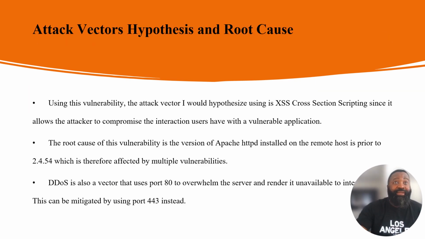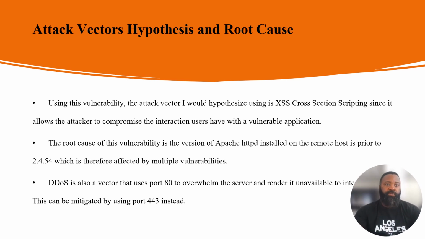And the attack vectors, hypothesis, and root cause. So using this Apache vulnerability, the attack vector I would hypothesize using is XSS, that's cross-site scripting, since it allows the attacker to compromise the interactions users have with a vulnerable application.